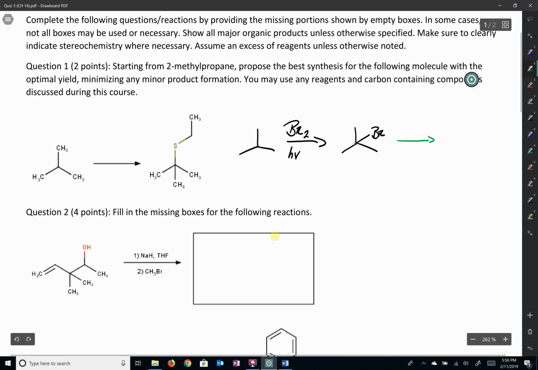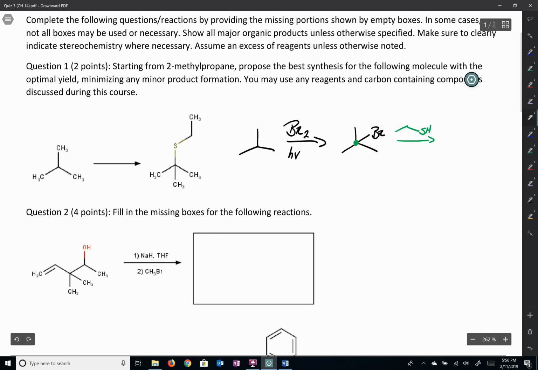We can't do an SN2 on that green carbon there. It's too sterically crowded, so we've got to favor some kind of substitution. But we can't do SN2, so that really only leaves SN1, and so we'll just put ethane thiol in there and let it do its thing.